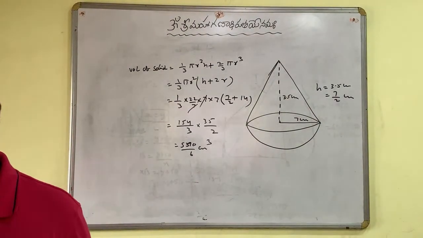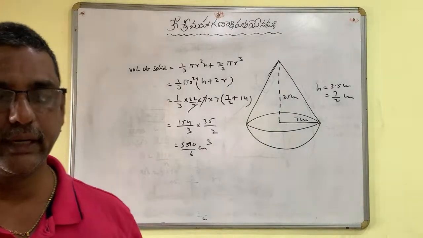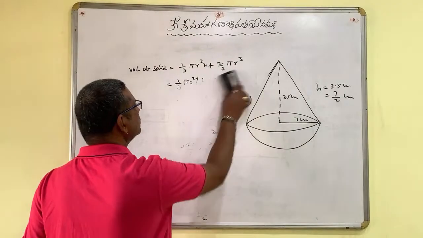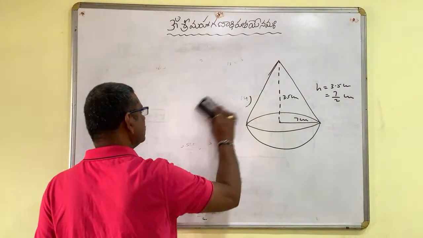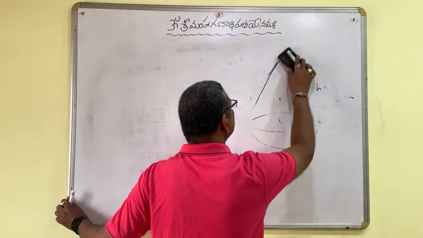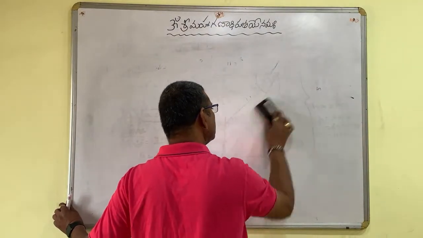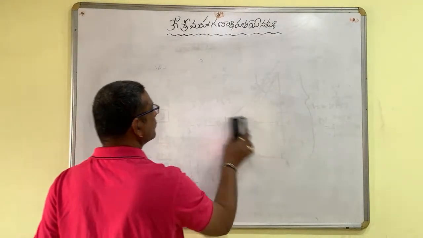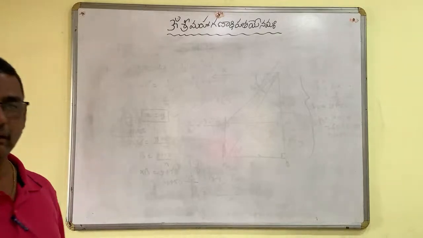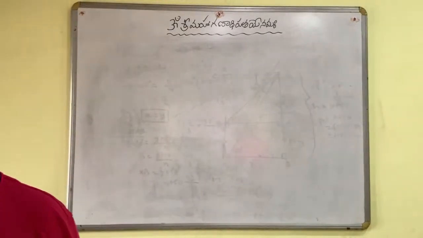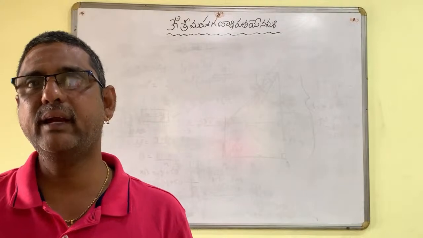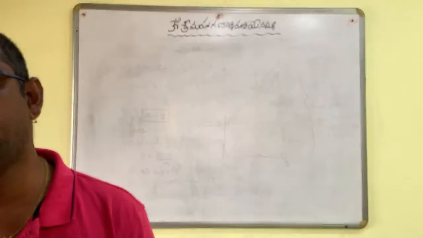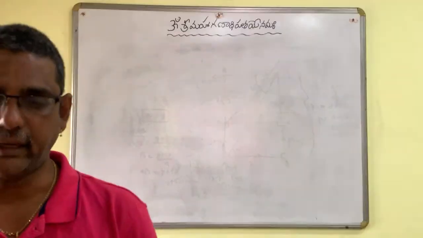Next question. In that R question, which is little bit higher order. Rainwater is collected on a roof, and that water again poured into a cylindrical tank.